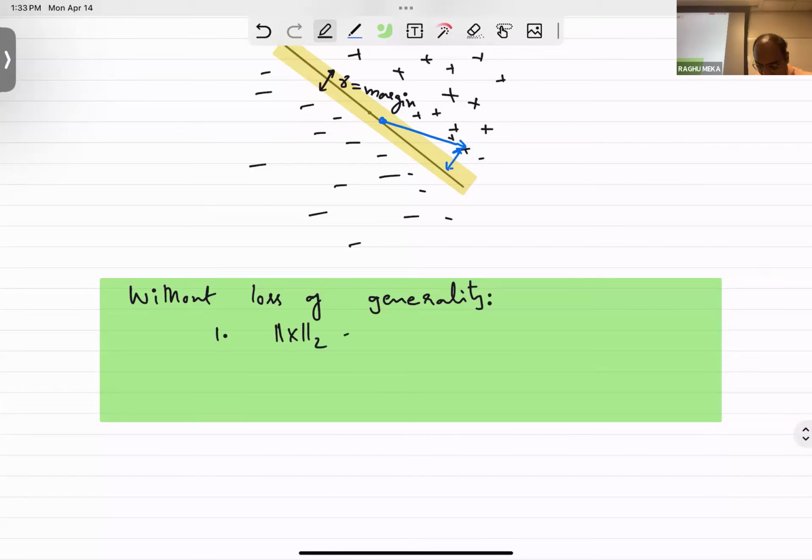Again, these are not strictly needed, but make the notation and everything easier. And also that W star has unit norm. Okay. Why can we make these assumptions? Because we're only looking at whether or not this inner product is positive or negative, right? So if I scale these things, it's not going to change. Okay.